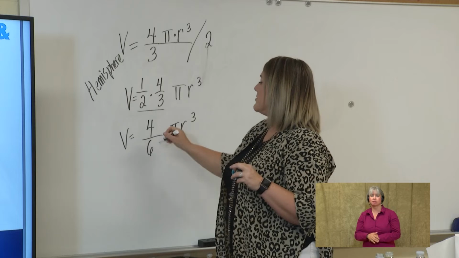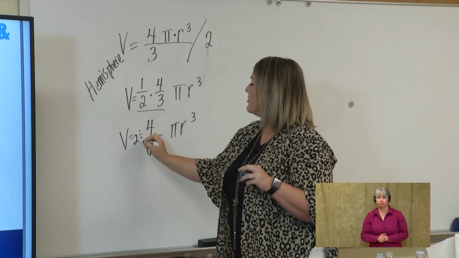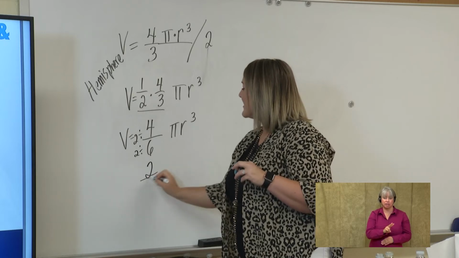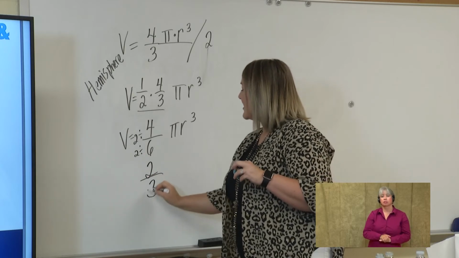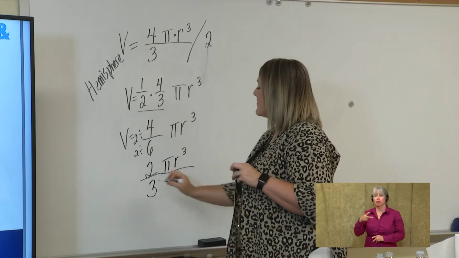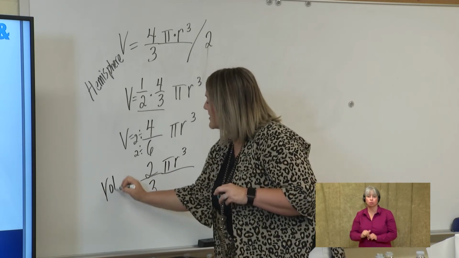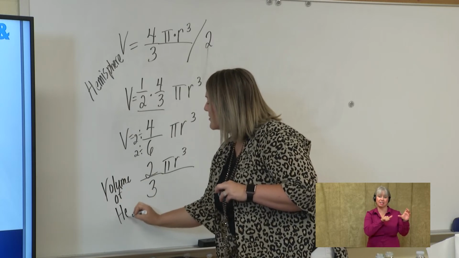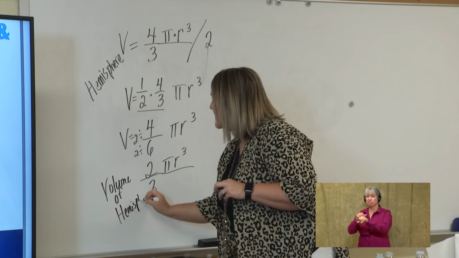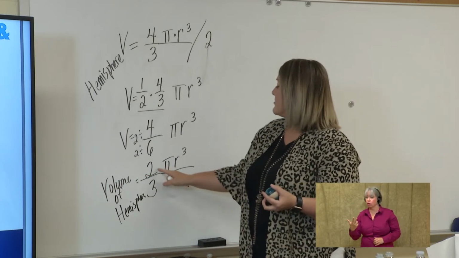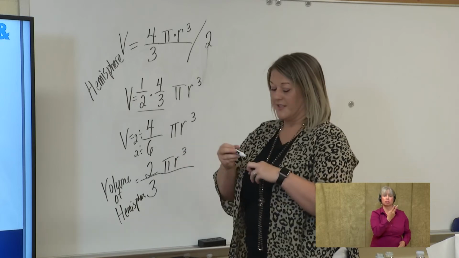So I want to reduce this by 2. So 2 goes into 4, 2 times, 2 goes into 6, 3 times. And then I still have my pi r cubed here on top. So the volume of my hemisphere is similar to my sphere, but instead of having 4/3, I have 2/3. So 2/3 pi r cubed, okay?